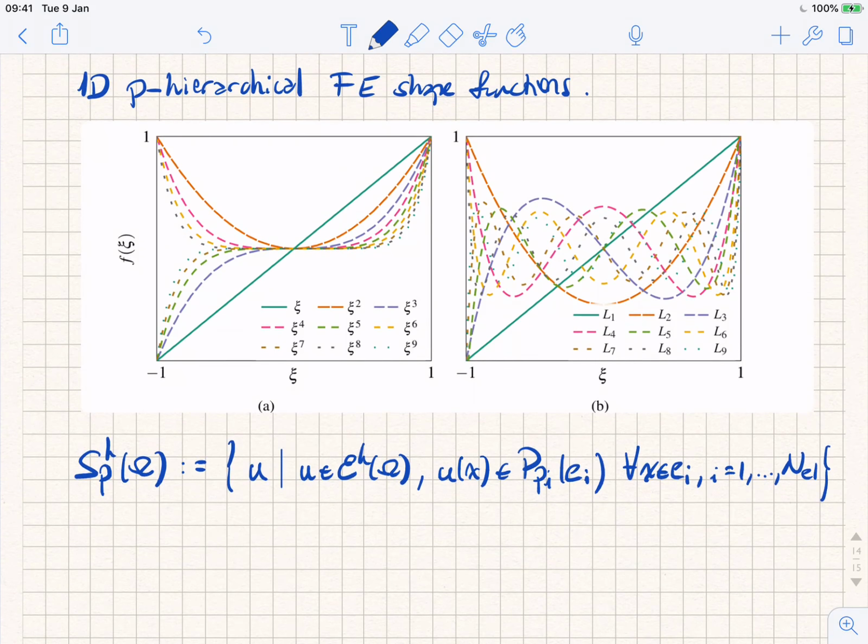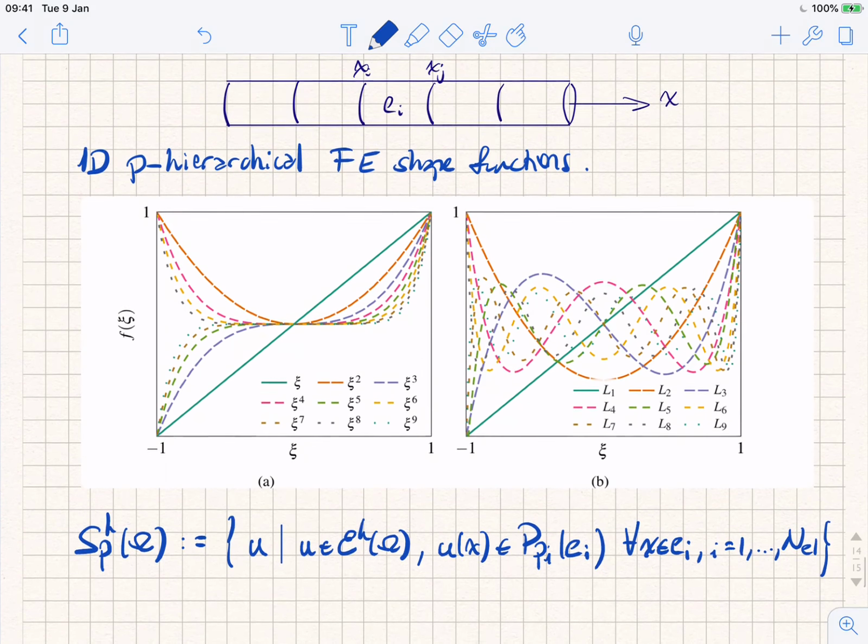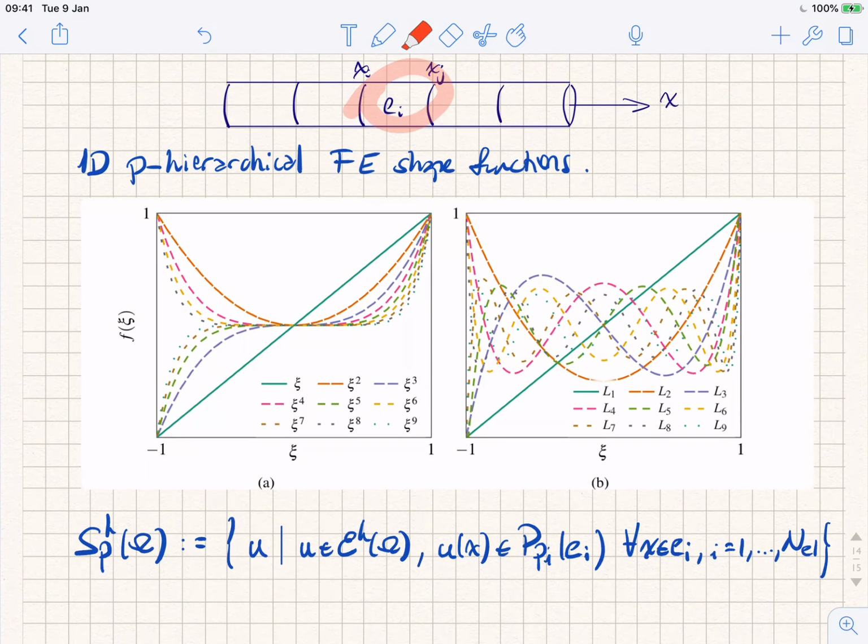What this is saying simply is that if you take a finite element like this, we're going to be dealing with functions that are square integrable, so they belong to that energy space, and that they are just polynomials. So all that fancy mathematical representation is just to say that the functions we're going to be dealing with are polynomial functions.